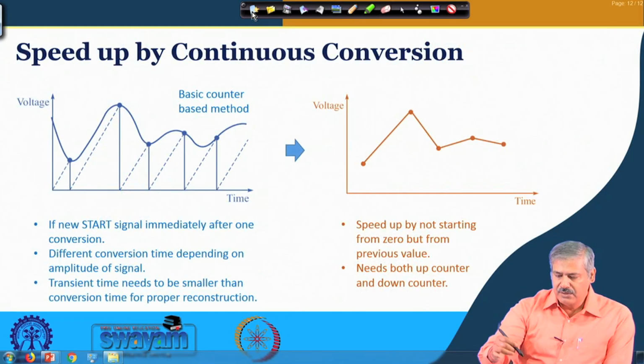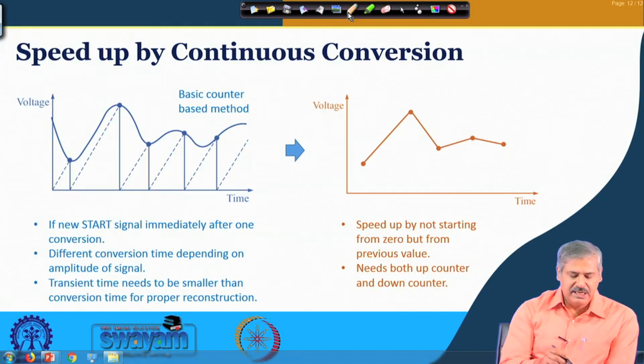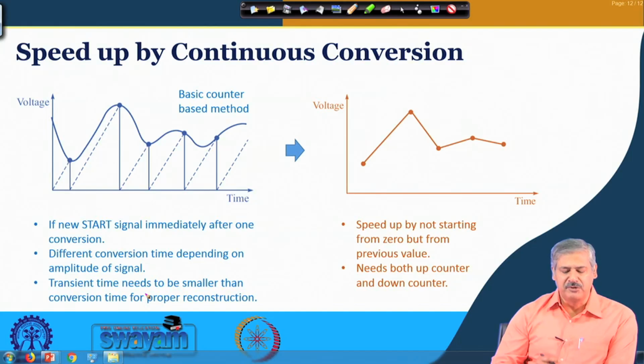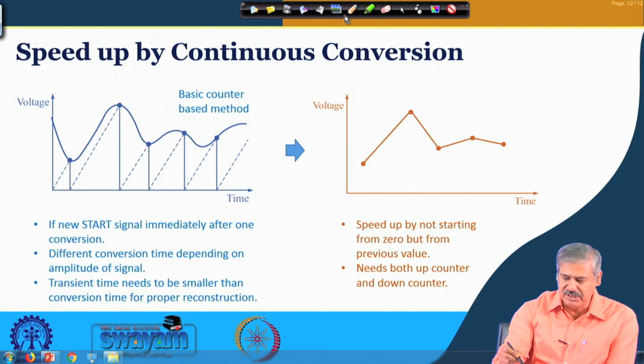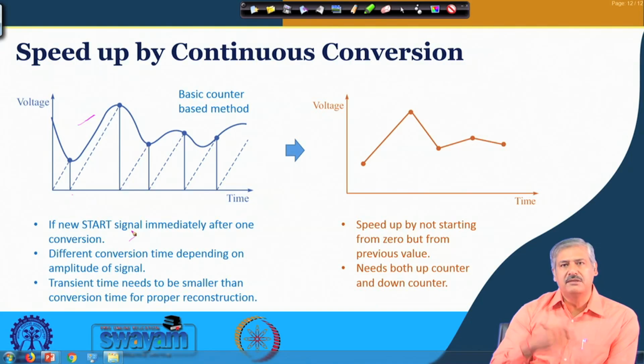Now, in this counter based method, what we can see is that it is starting from here. If the new start signal comes immediately after one conversion of the analog input voltage, and the analog input voltage is something like this, the one that you see over here. Now, it is starting, it is converting, then it is getting reset. Immediately we are considering that the next conversion starts immediately after it.